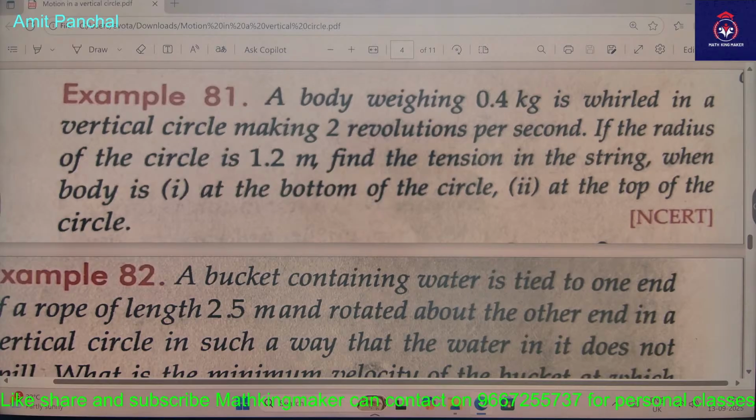Tension at lowest is equal to 79. Yeah, right.